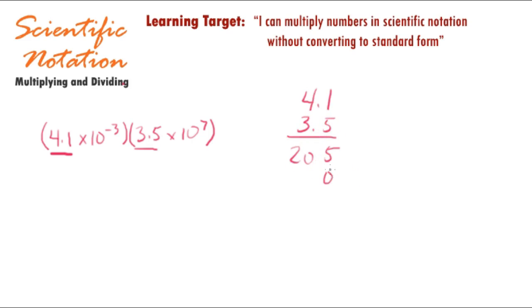Bring down an extra 0 when you go to the next line. 3 and 12. I'm not going into too much detail here on how to multiply. If you're stuck on that part, we can work on it. Remember now, this is where the decimal comes in. There's 2 digits after decimals in total, so I make sure there's 2 digits after a decimal down here, and you get 14.35.